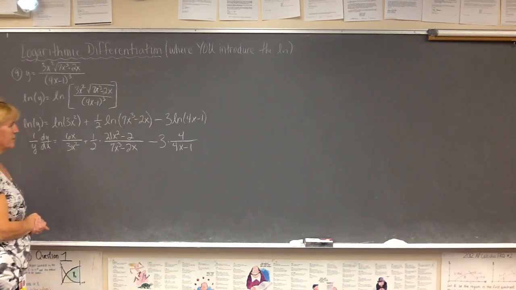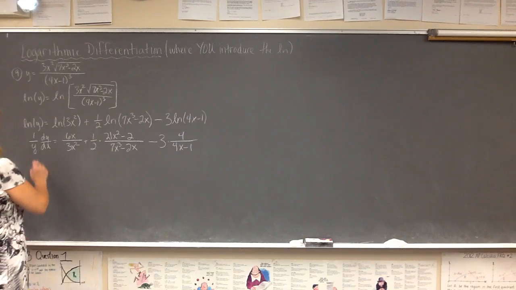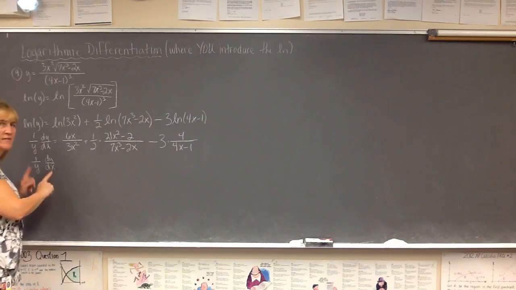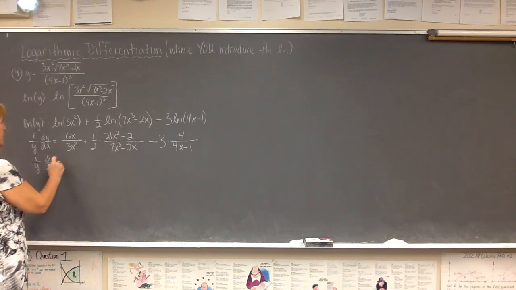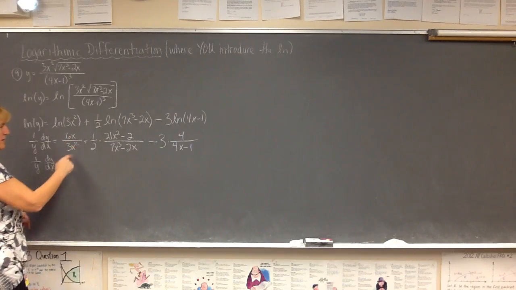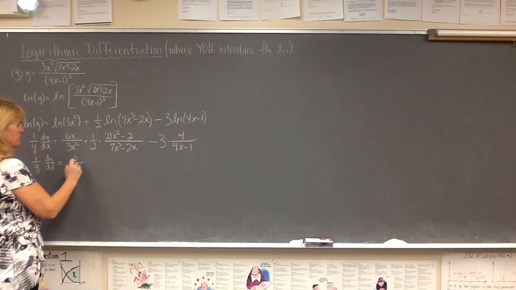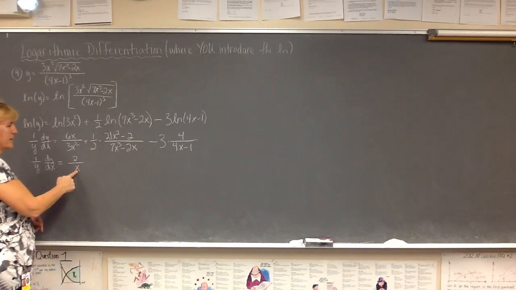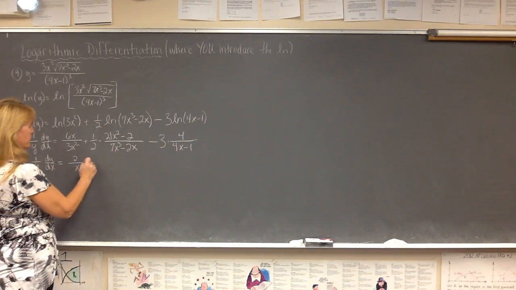Now I just need to neaten this up just a little bit. I have 1 over y dy dx. Notice this is not solved for dy dx right here, so I'm going to have to manipulate that in just a minute. 6x over 3x squared reduces down to 2 over x, right? 3 goes into 6 twice, and I have an extra x in the denominator.